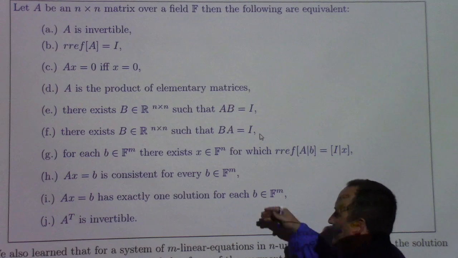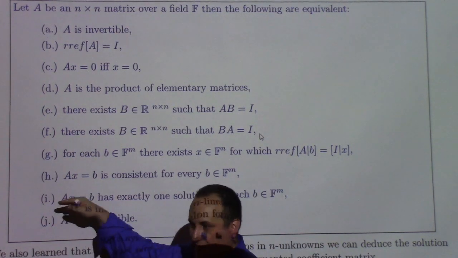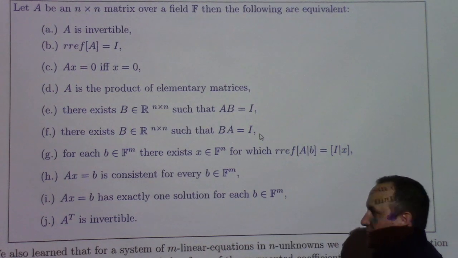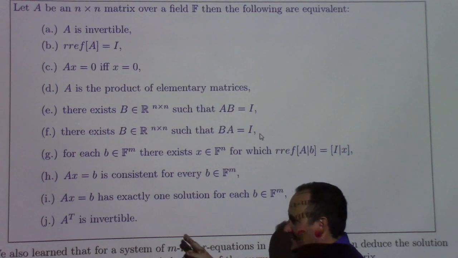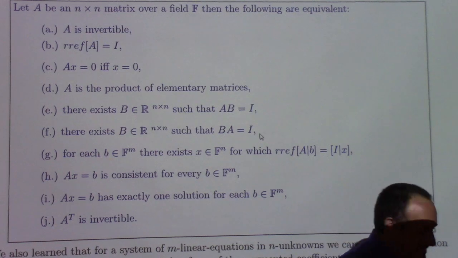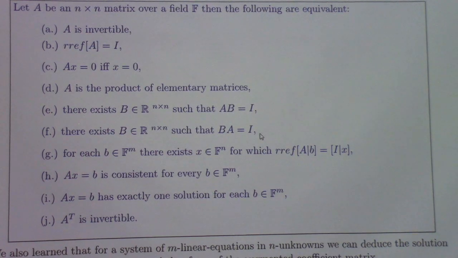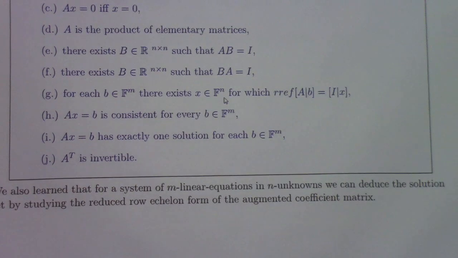So this is in some sense the surjectivity, this is in some sense the injectivity. So a linear transformation corresponding to such a matrix is a bijection on Rn. And then the transpose is invertible. That's something else. This transposition, this flip-flopping between rows and columns, there's something interesting about that.